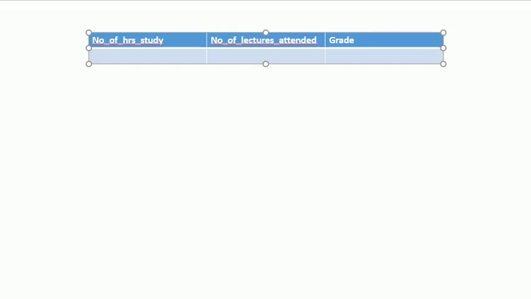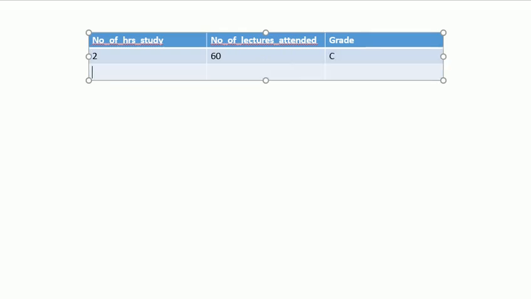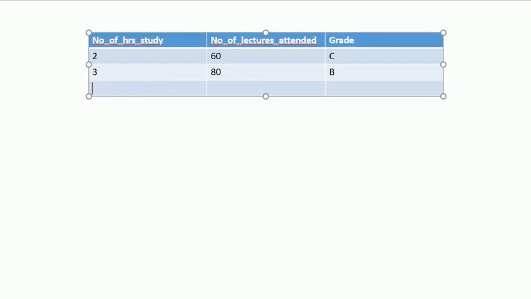Now if we collect data of all the students, let's say somebody who studies 2 hours a day and the total number of lectures conducted were 100, and the person attended around 60 lectures, and we found that this person got grade C. Similarly, if somebody is studying 3 hours a day and attended 80 lectures, this person got grade B, and this keeps happening.